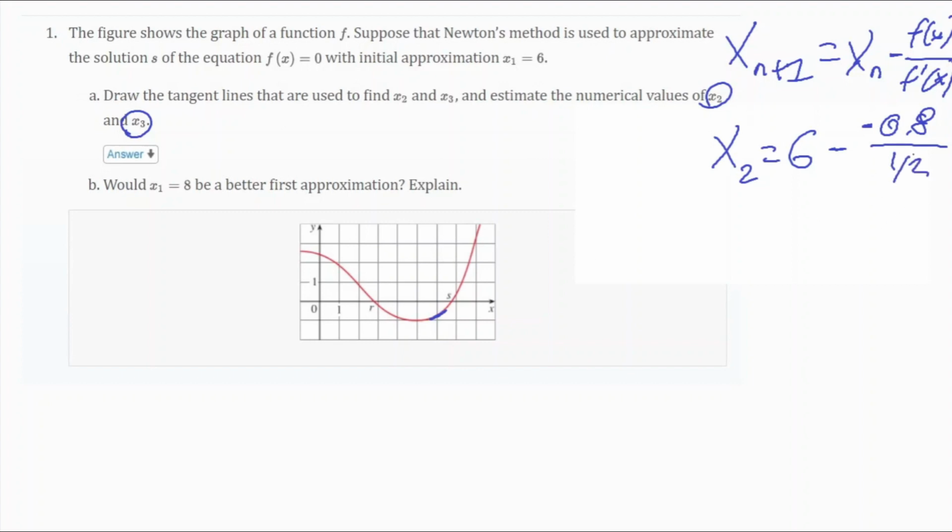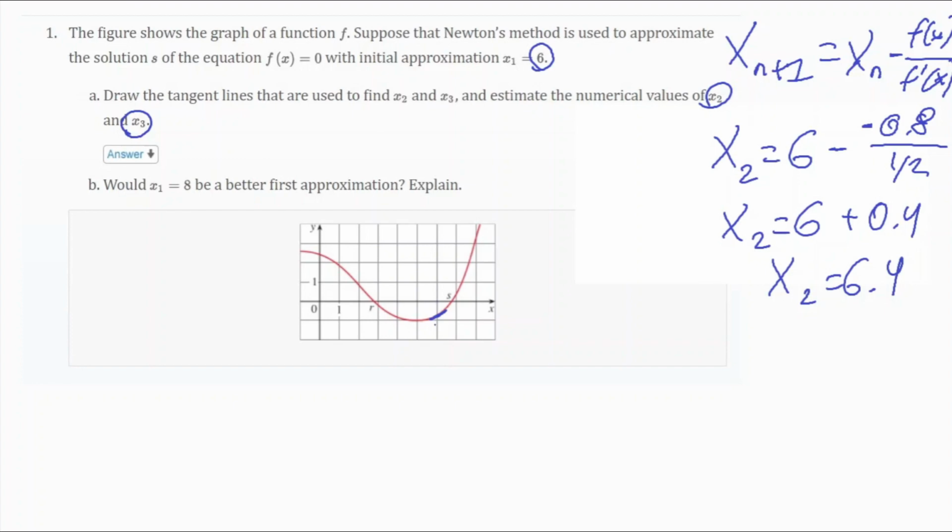And now we could simplify this. So if we simplify, we'll have positive 0.4 because a negative and negative is positive, and 0.8 divided by 2 is going to be 0.4. And so our x2 is going to be 6 plus 0.4. We add that, we're going to have an x2 of 6.4. And we could see that our original approximation was at x equals 6.